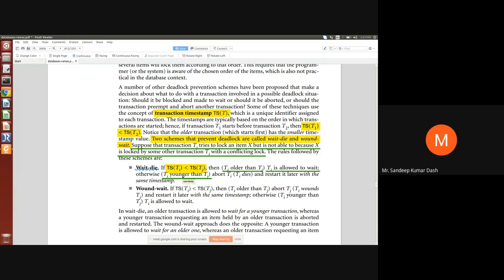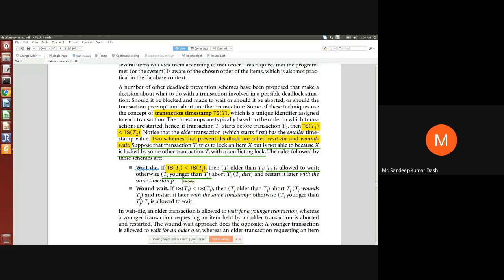It will be restarted after some amount of time, given the same timestamp. Fine. This is the first mechanism, in which there is no possibility of deadlock, because no one is waiting. Who is waiting? In the first part, the older transaction is waiting.